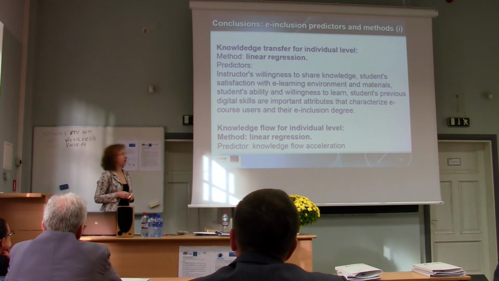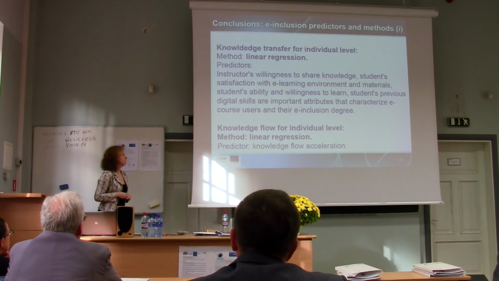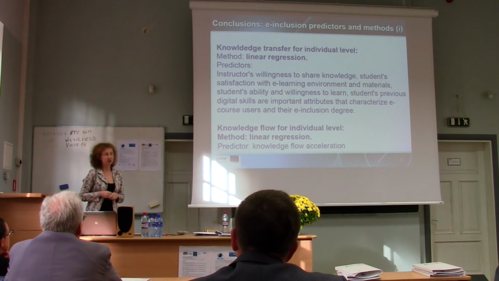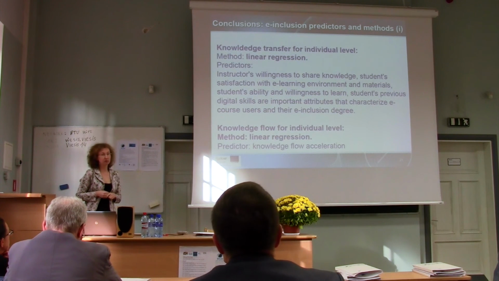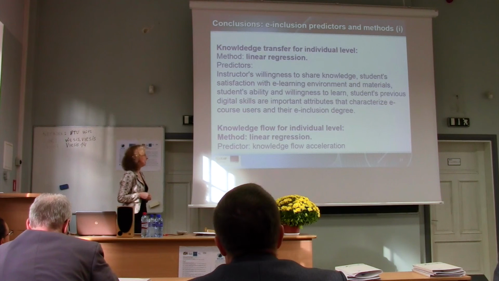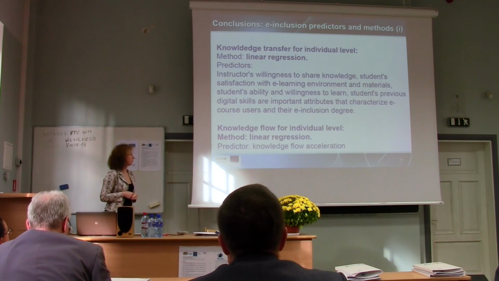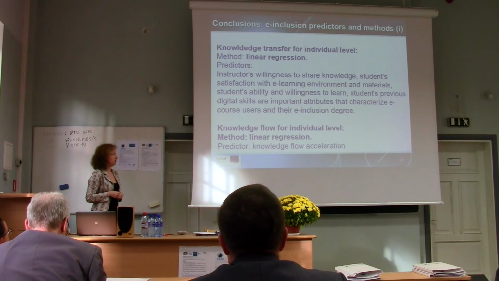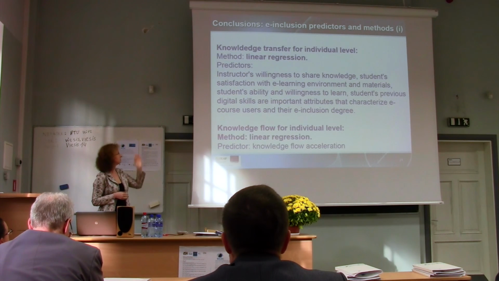And now I would like to present some conclusions. We concluded that linear regression as a method is usable for predicting e-learning inclusion, and we determined some predictors such as knowledge flow acceleration and others.